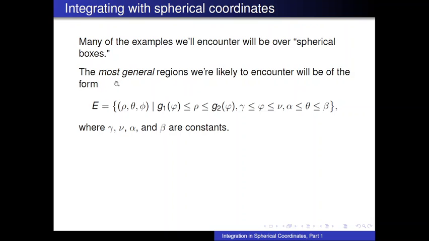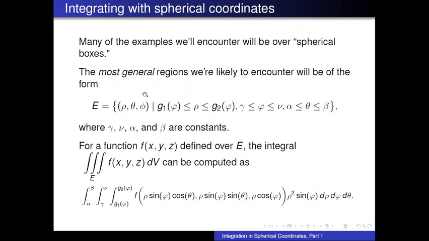So in this maybe most general case that we'll possibly see, if we have a function f of x, y, z defined over that region E, the triple integral of that function over E can be computed as follows. Our first integral will be with respect to rho, and the bounds are g1 of phi and g2 of phi.